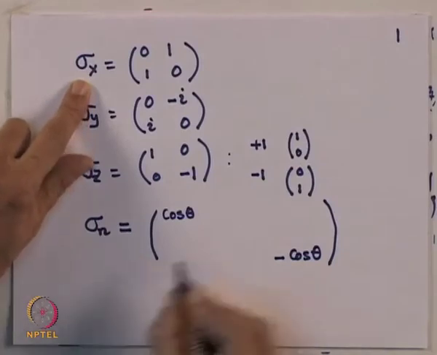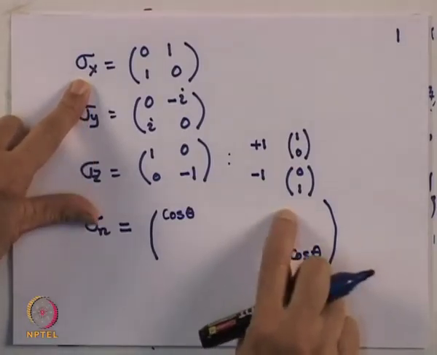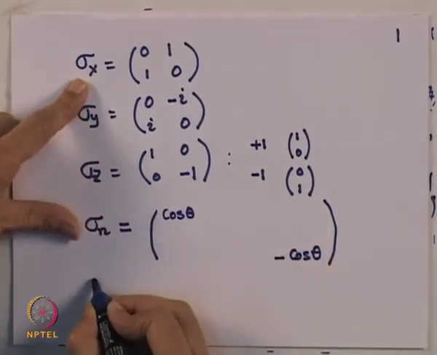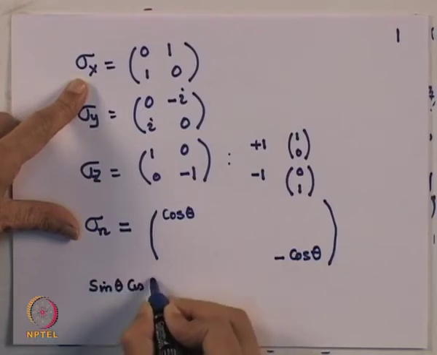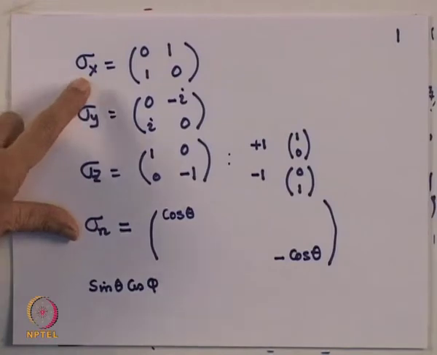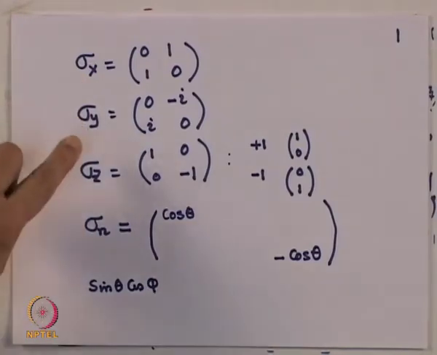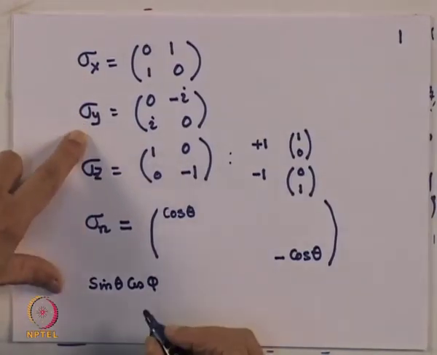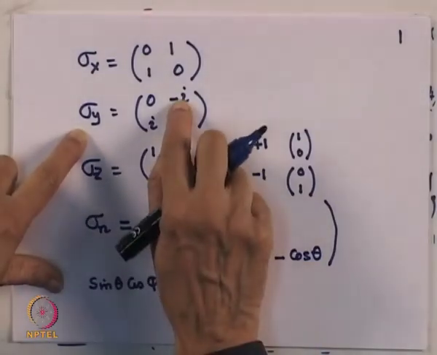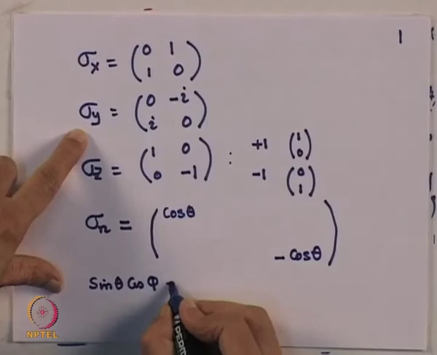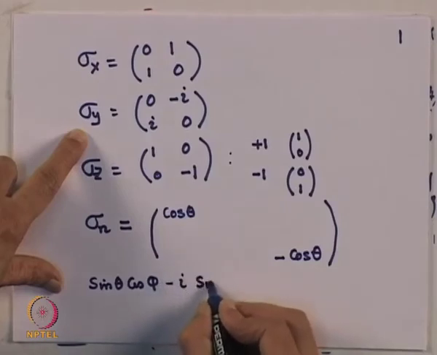Let me just write it down here and then I will write it more compactly. So I have sin theta cos phi, plus sigma y times sin theta sin phi, but you notice there is a minus i in this. So therefore it will be minus i times sin theta sin phi.